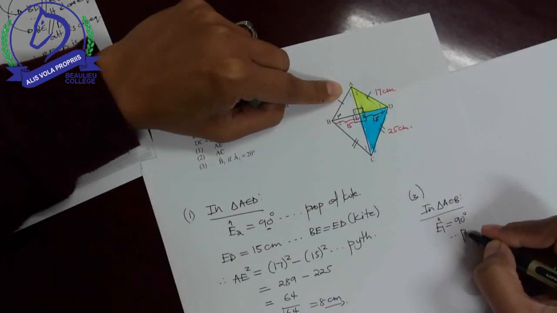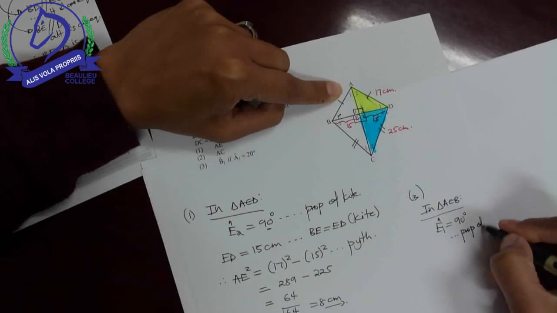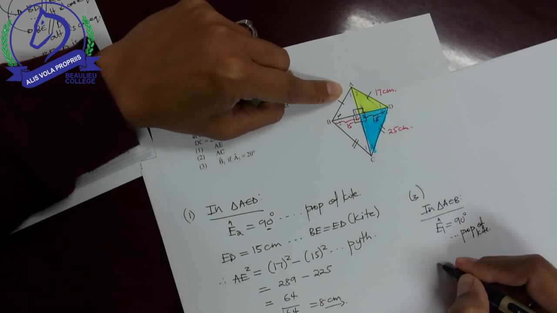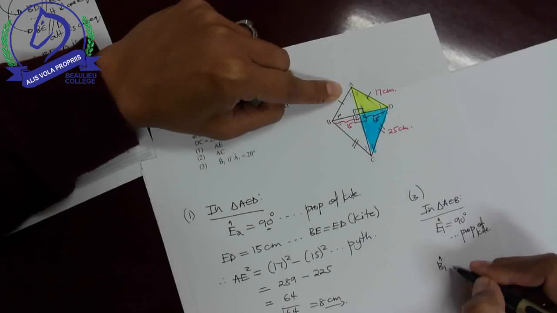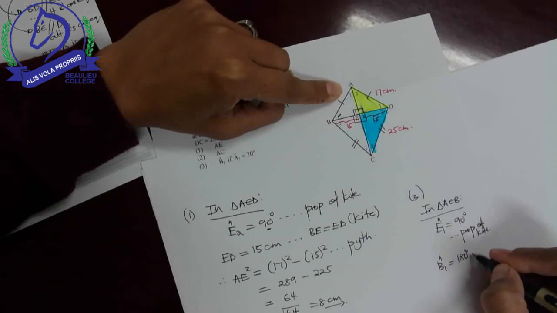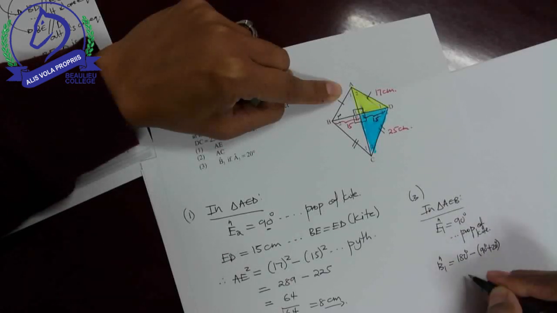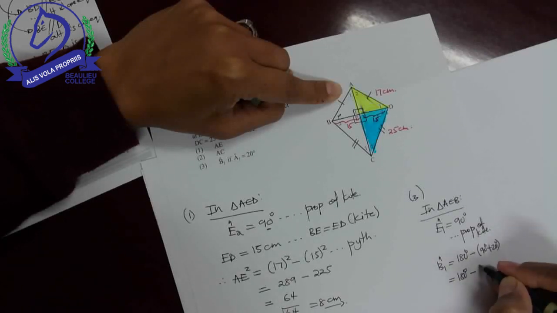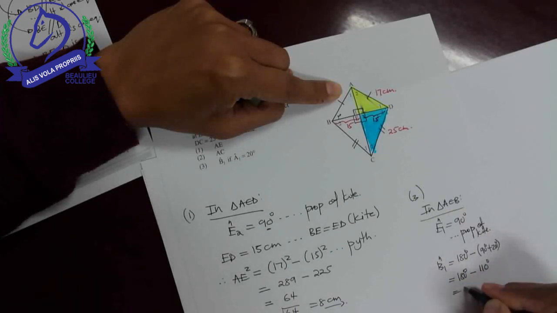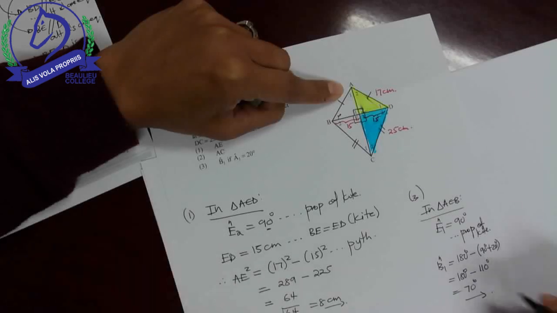And you can say property of kite, angles on a straight line, any of those. And then you can say angle B1 is equal to 180 minus 90 plus the 20 given. Interior angles of a triangle, and that is 180 minus 110, which is 70 degrees.